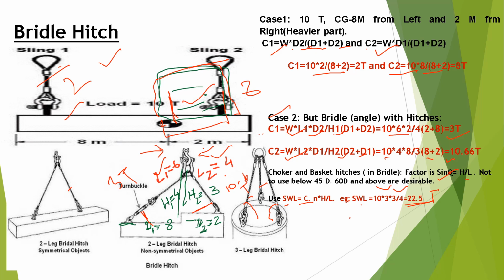In case a non-symmetrical or offset load is used, a sling leg may be fitted with a turnbuckle to adjust the length of the rope. But caution should be taken.